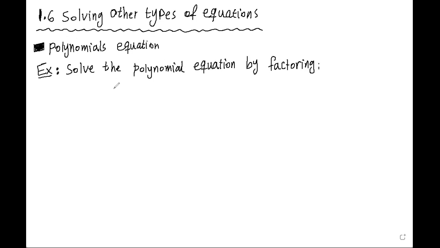So the example is x to the power 5 equals 9x cubed. So how can we solve a polynomial equation that looks like this? What is the first step here? Anyone give me an idea how we can start solving an equation like this?